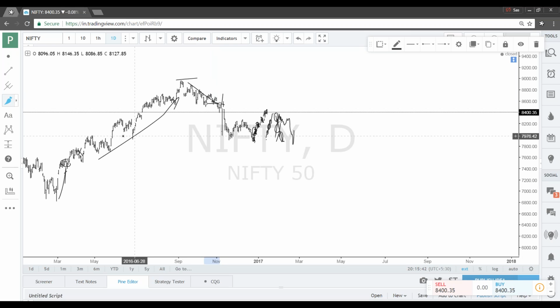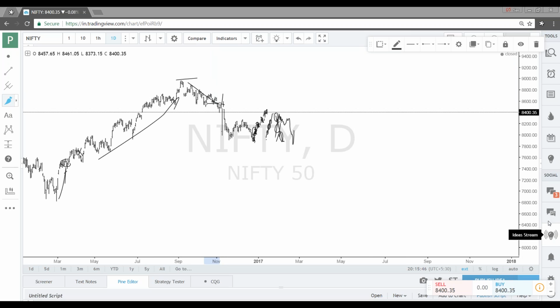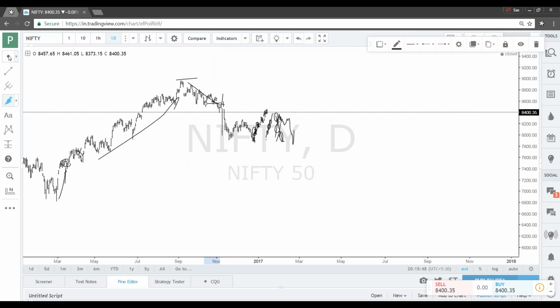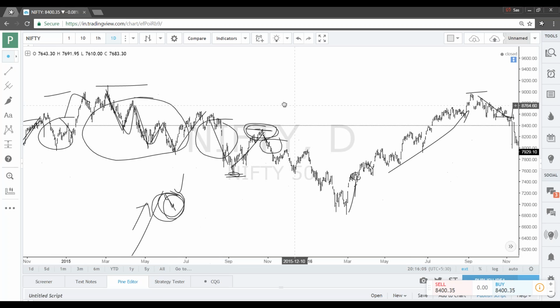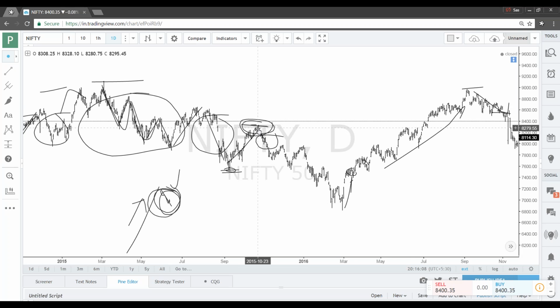What I'm trying to say is that in a so-called trending market there are impulses. In 2016, from February ending to March, we saw a trending market. In that, there were several impulses. 2015 was not a trending market, many people will say, or some people will say that from October it was a trending market in the downward direction.